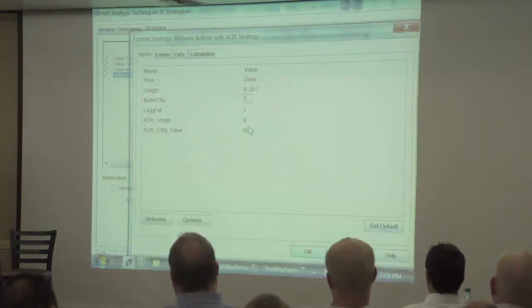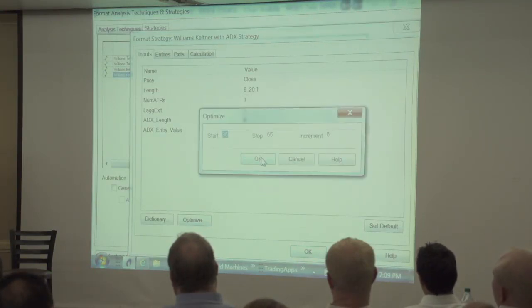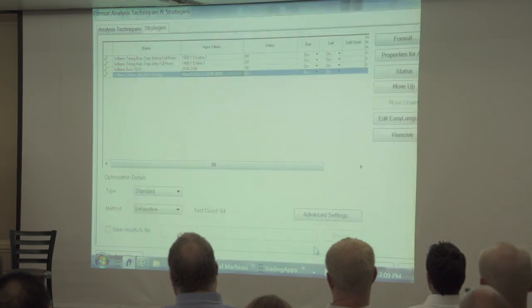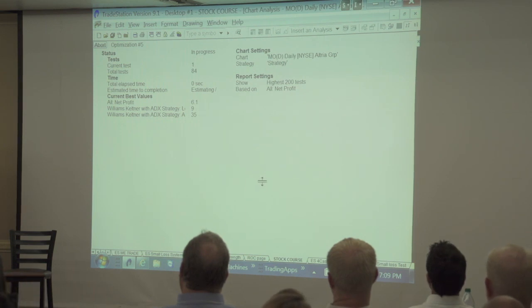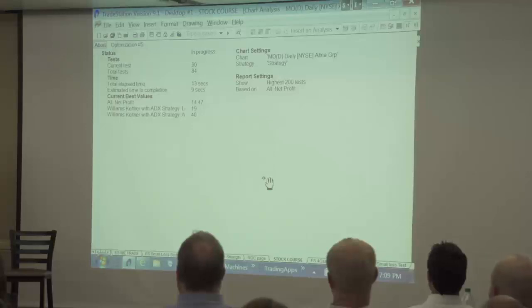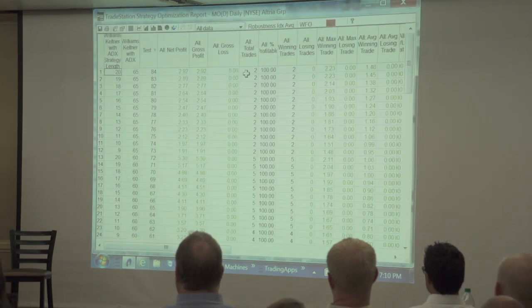ADX length is 8. Doesn't matter where that ADX is. We'll go from 35 to 65 by a factor of 5, and we're looking at various lengths of the Keltner band versus ADX settings. We want it to get above 35 or 40 or 50, and you're going to see something pretty remarkable. The higher that ADX is, the more accurate your trades are going to be. Look at that.